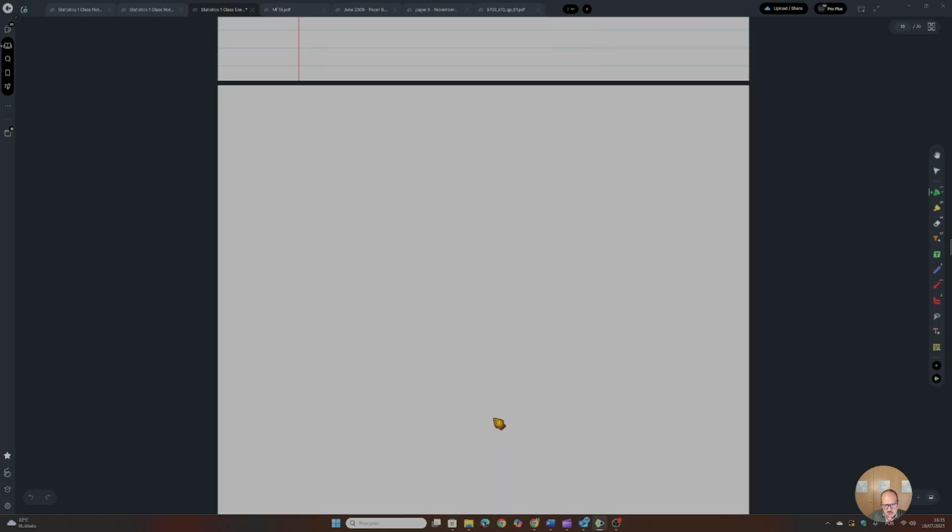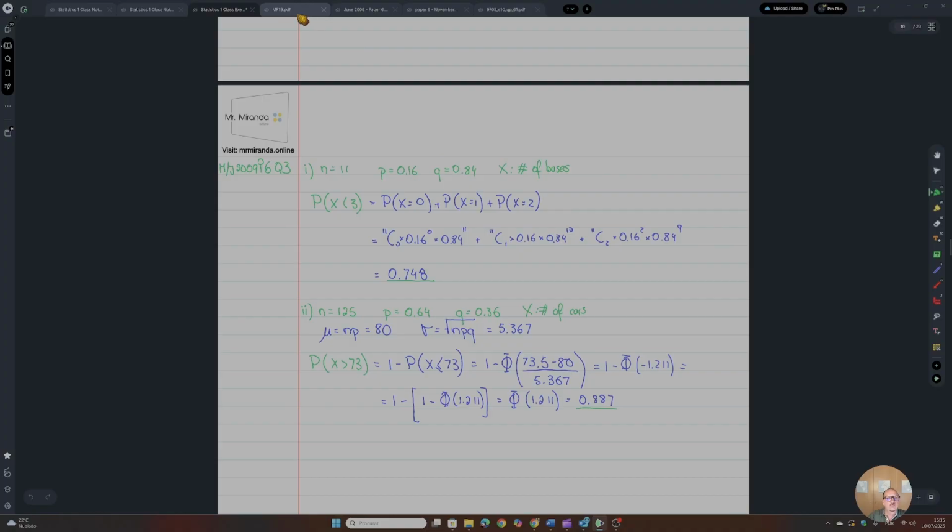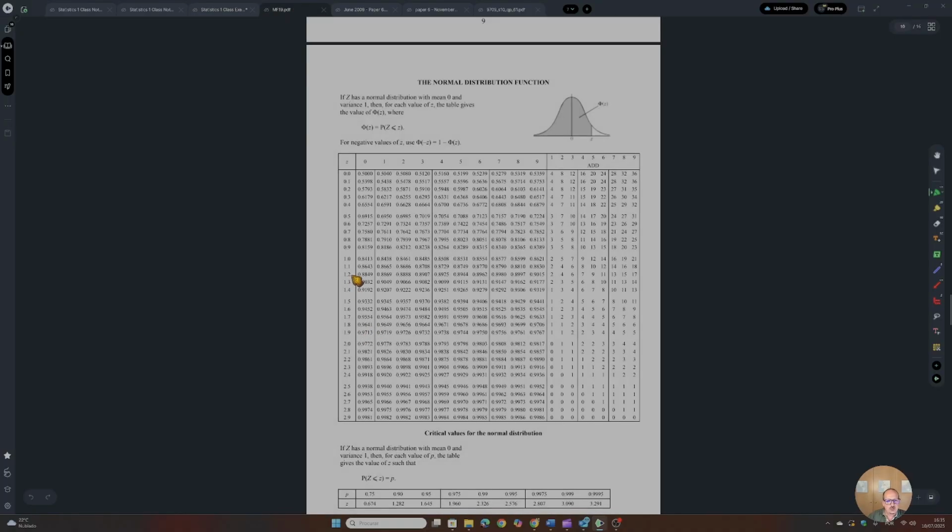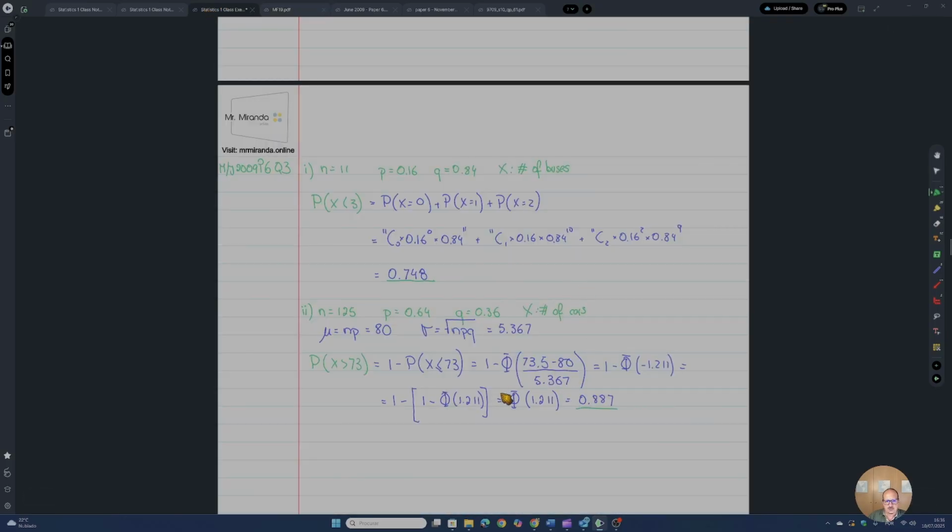The z value was 1.211. 1.2 is over here, 1.21 is over here, and for the last digit, the 1, you have to add 0.0002.